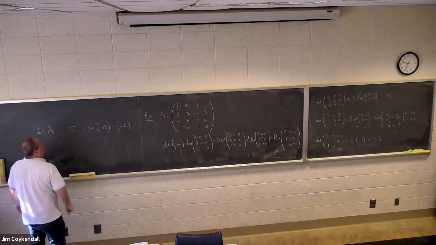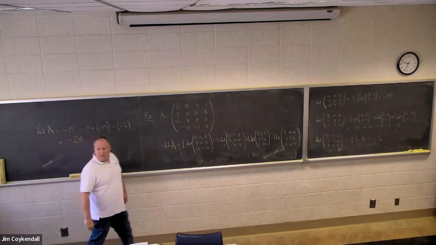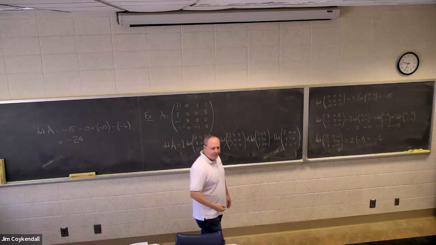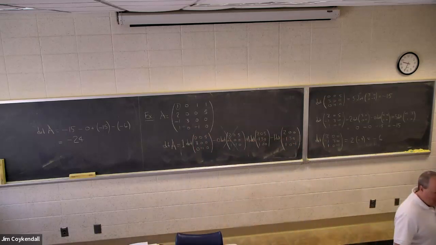So it looks like what, minus 30 plus 6, minus 24, it looks like. So the matrix is invertible. Makes you sigh, doesn't it? Right? And there were a lot of zeros that helped me out.